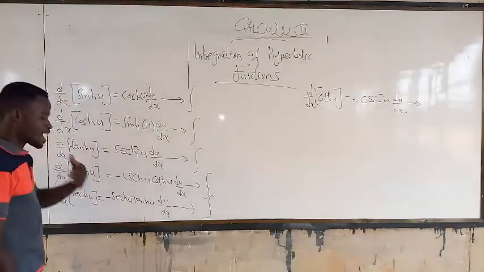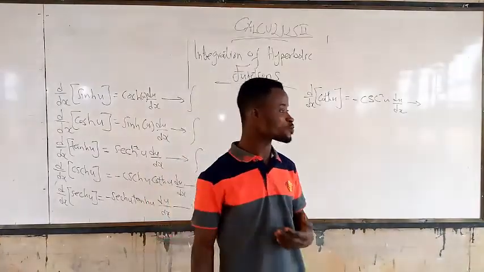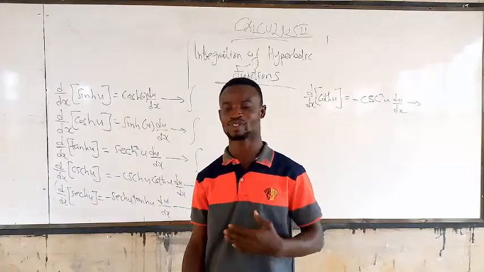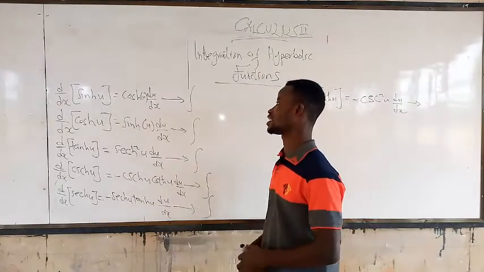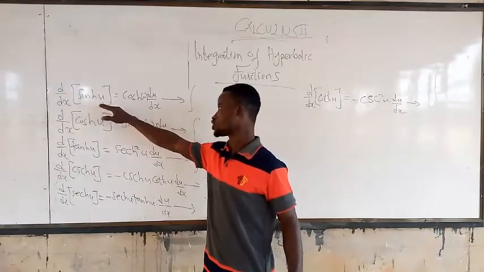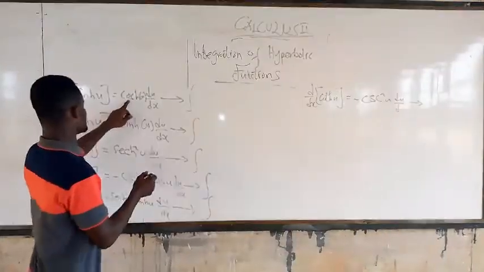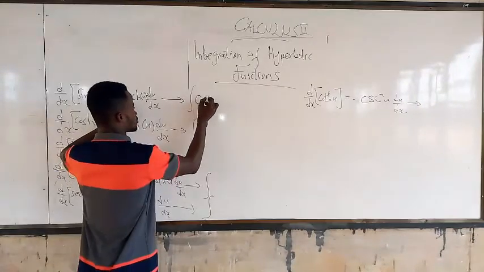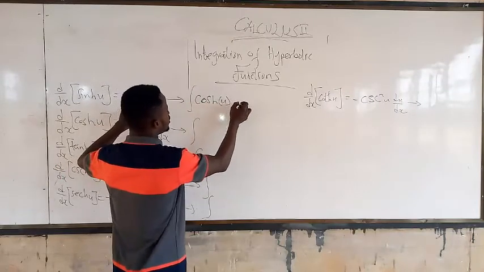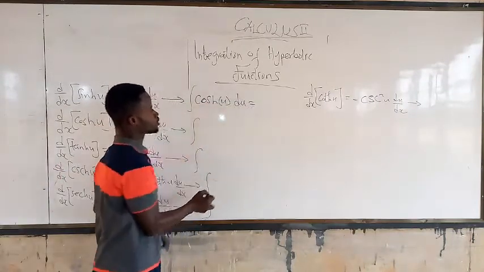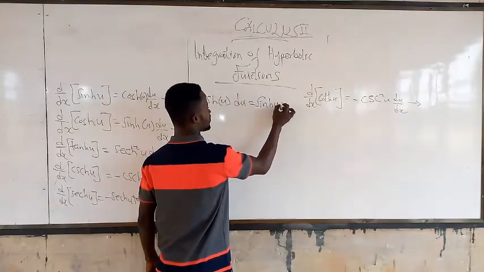Now, as we said, integration is a reverse process of differentiation. We established in differentiation that when you differentiate sin, you get cos. That means that when you integrate cos u du, you are going to get sin u plus c.